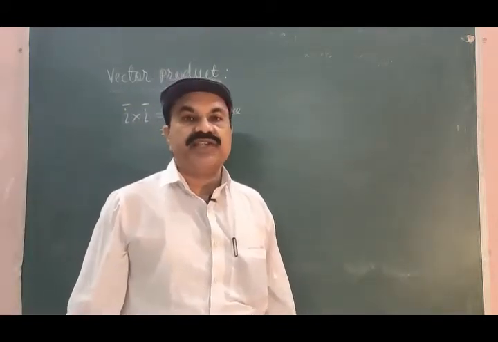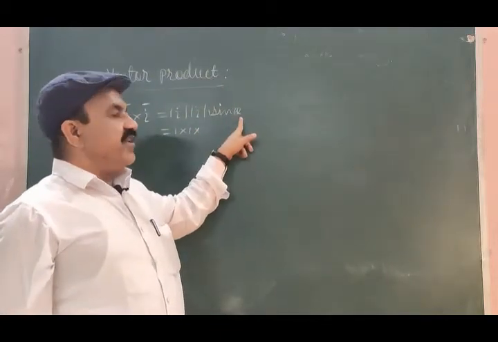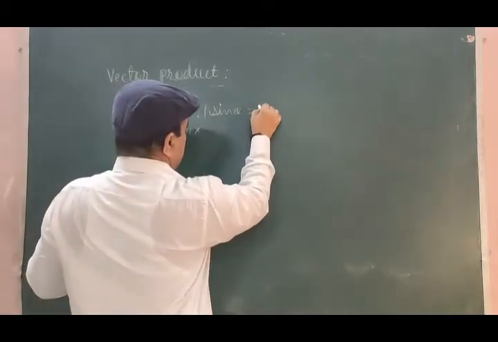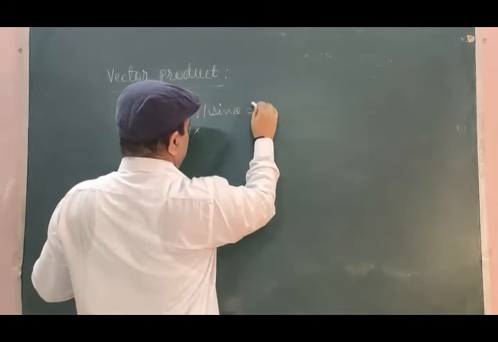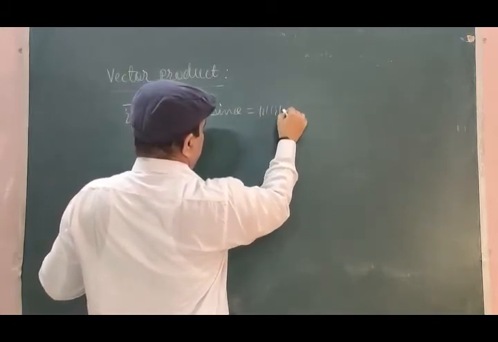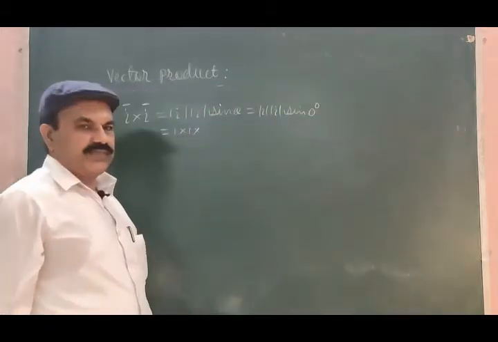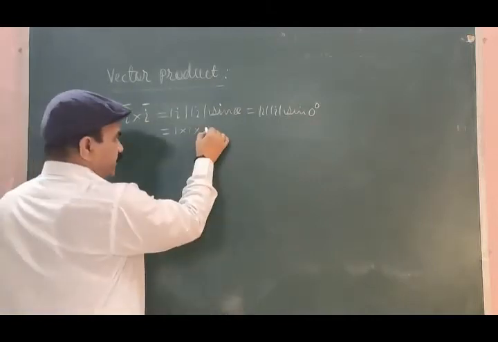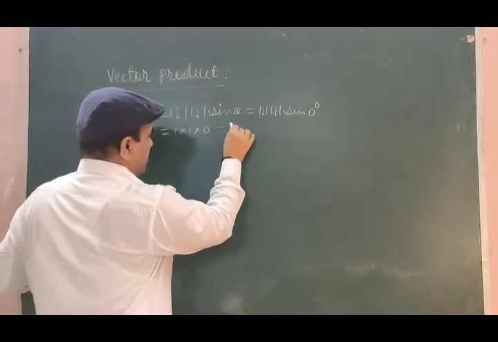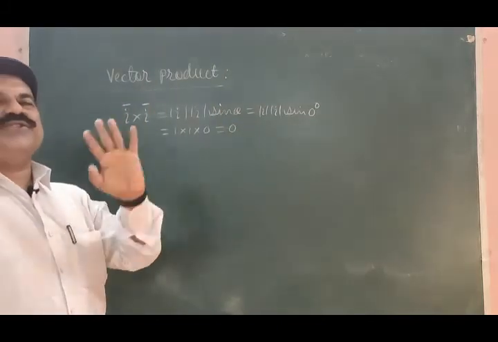What is the angle between these two? The angle is 0, and sine 0 is 0. So 1 into 0 is equal to 0. i cross i is 0.